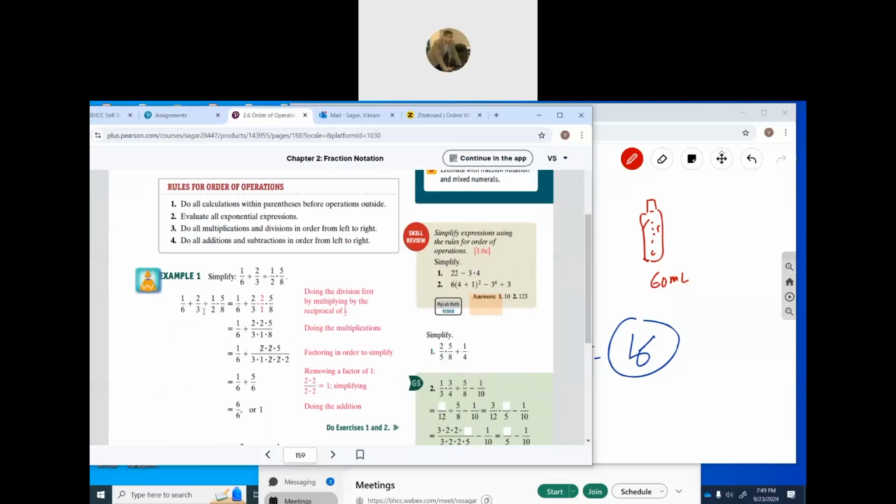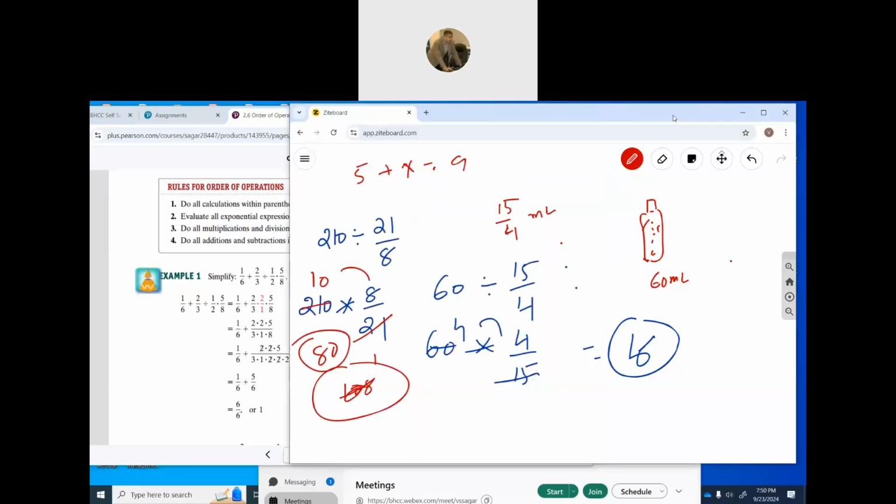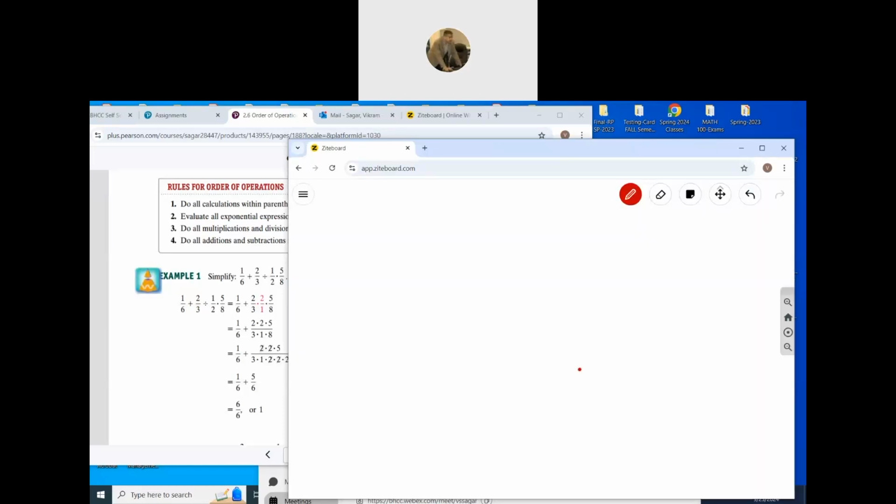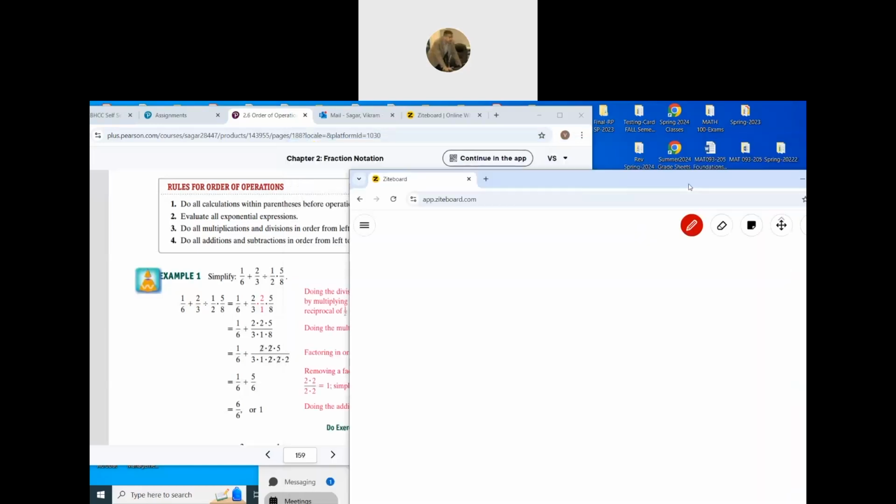See, they're doing division here first, okay? And then they're doing multiplication here, and then they're adding here, okay? So let's do 1 over 6 plus 2/3 divided by 1 over 2 multiplied by 5 over 8, right?